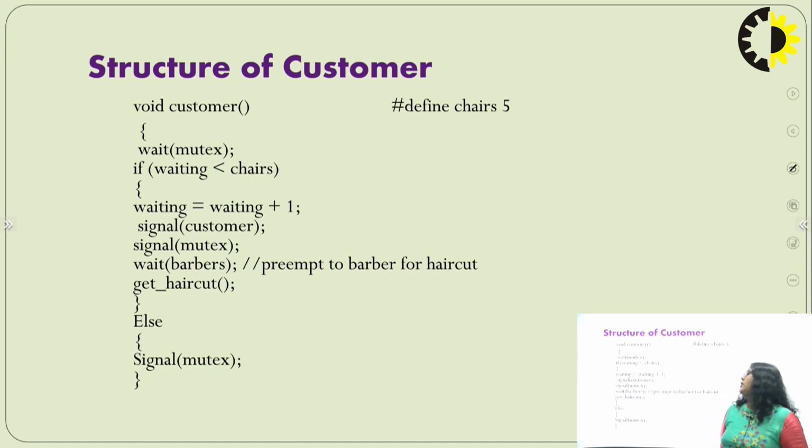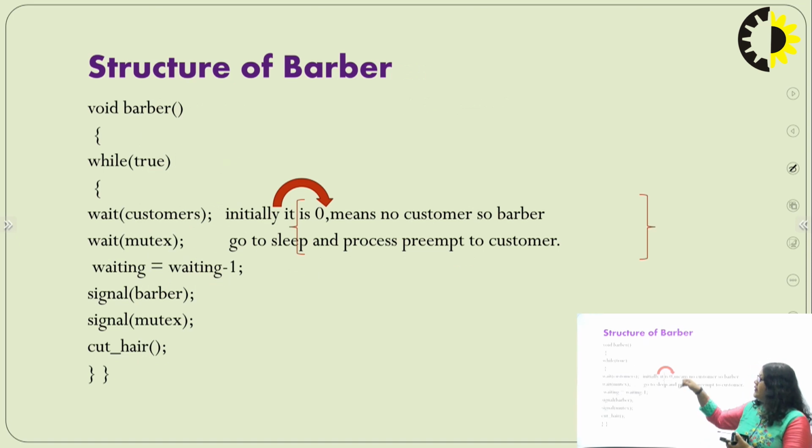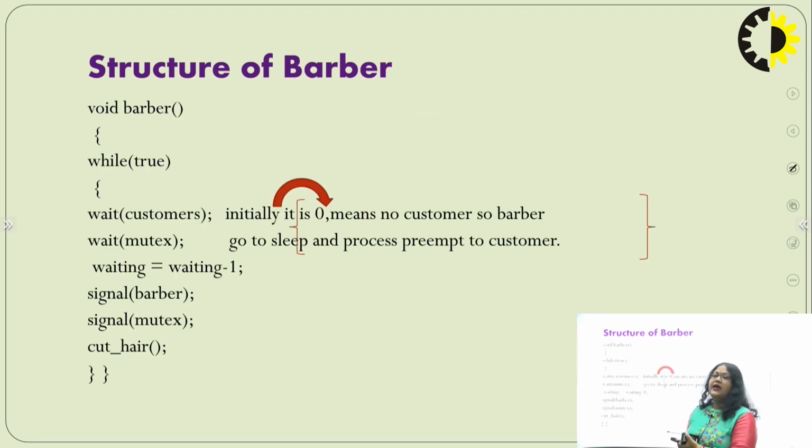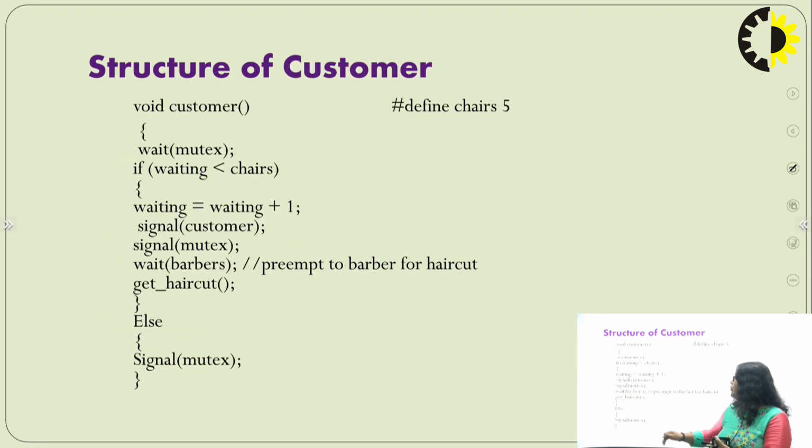So it is preempted to the barber for the haircut, because we have a customer at this time. So we go to the barber function and get a haircut. After the haircut is completed, we move on, else signal mutex is high. Signal mutex means the value of the mutex is high. So this is the basic code for the customer.